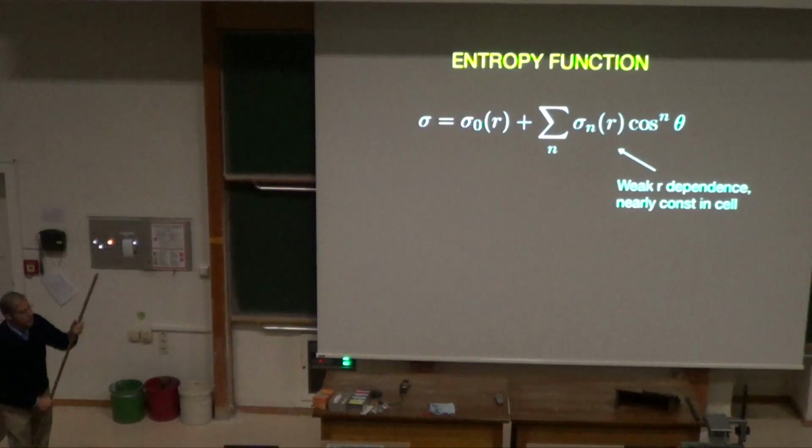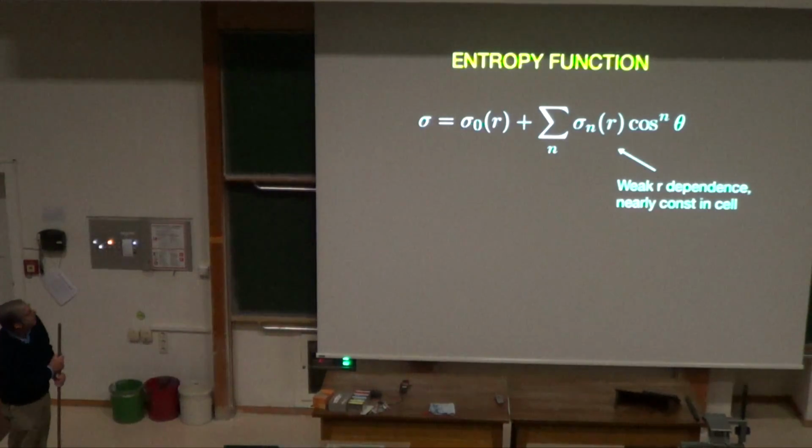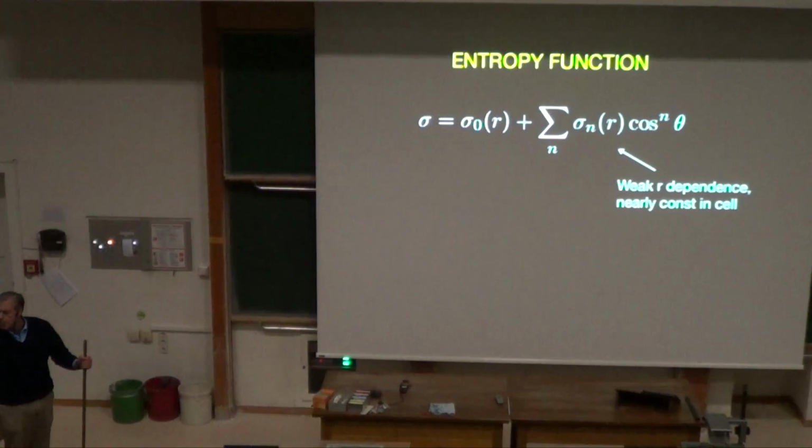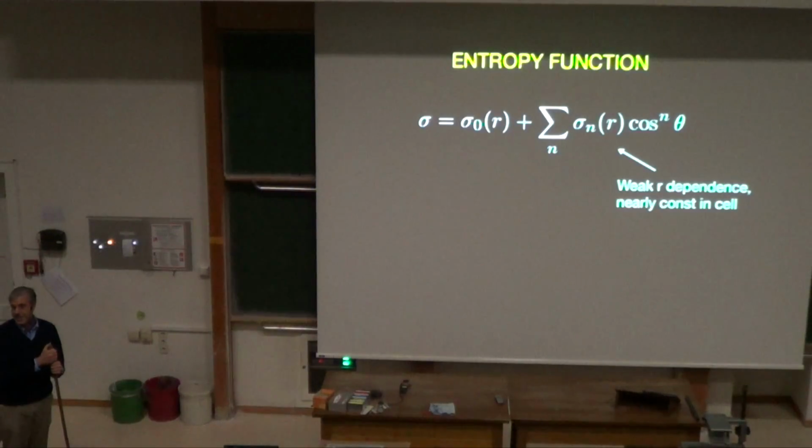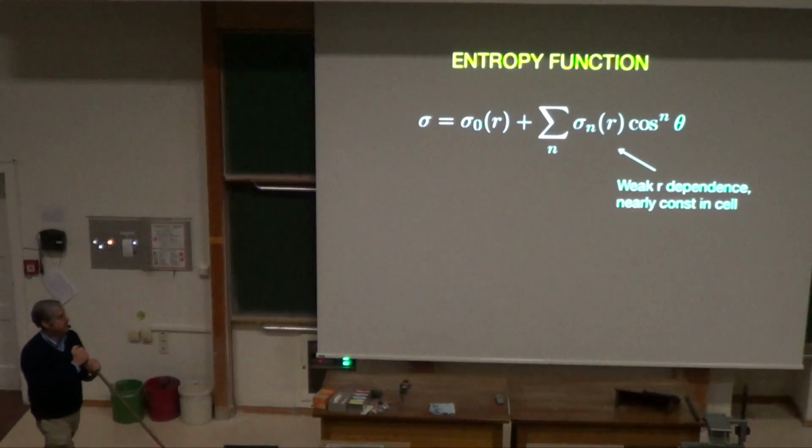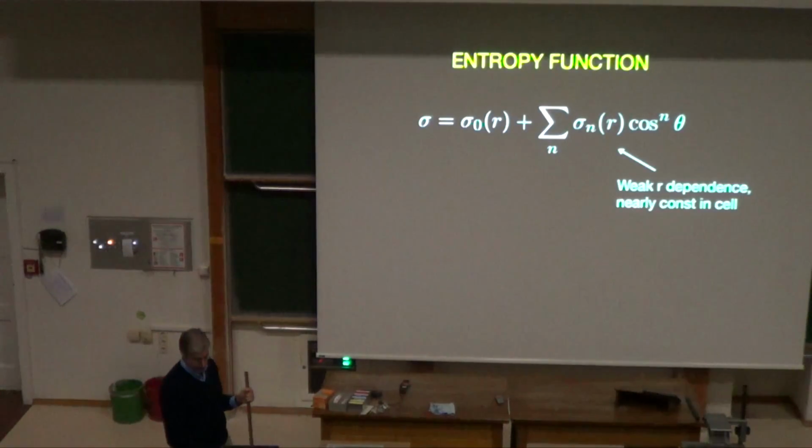So sigma 0 is what drives the background, and then the sigma n are essentially constants. There's a weak r dependence, and there's a theta dependence, because the entropy can differ from latitude to latitude. In fact, we know that must be going on in the sun, because the thermal wind equation tells us that there is a non-zero theta gradient. It doesn't have to be very big.